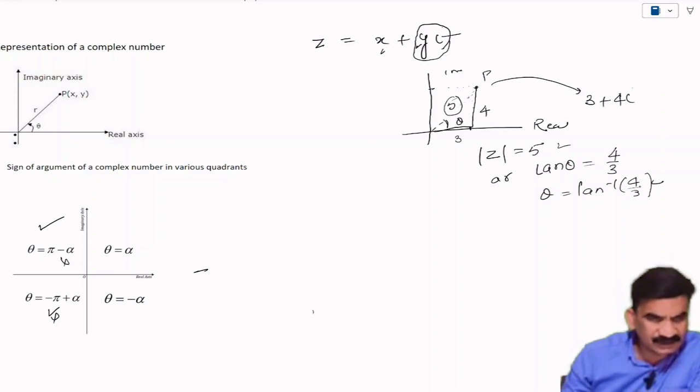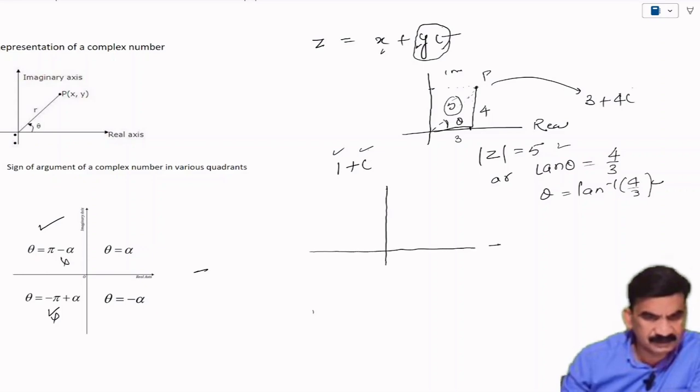But then it's not that simple. There are two cases I want to discuss where the representation will have a different connotation. For example, there is a number which is simple, 1 plus i. Real part, imaginary part, no problem. I draw this is the positive part, this is the negative part, this is 1, and this is the number.